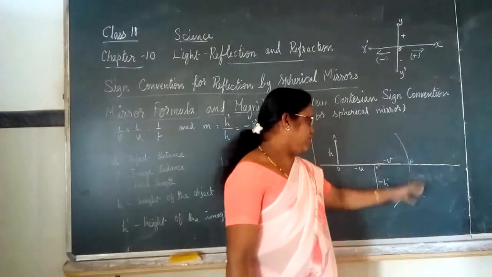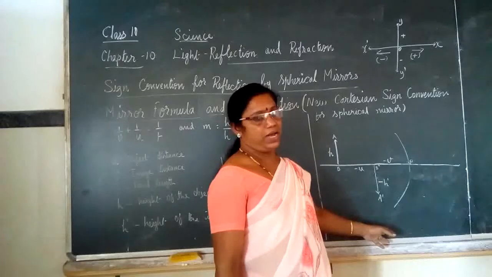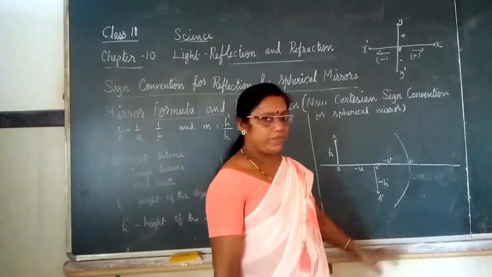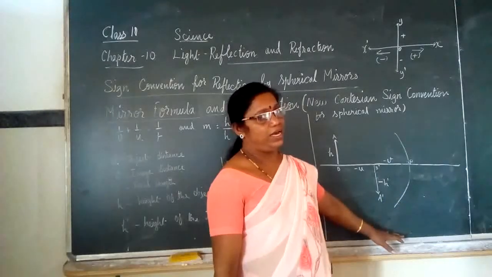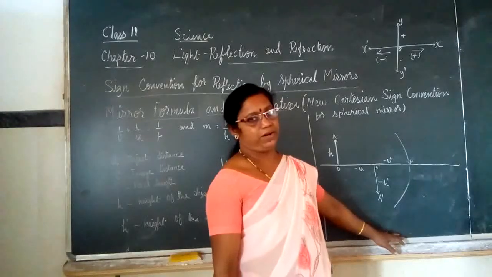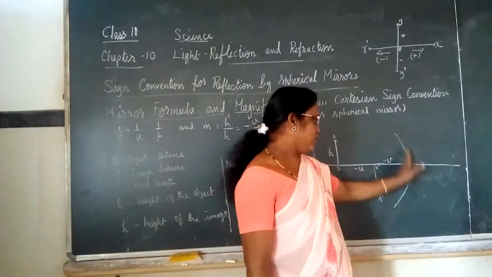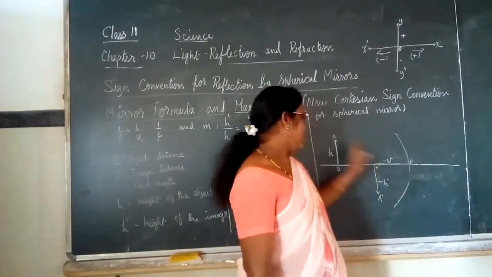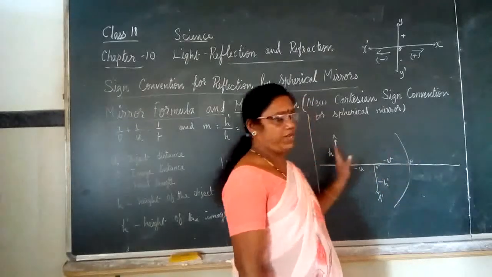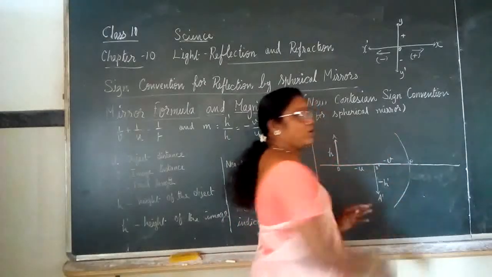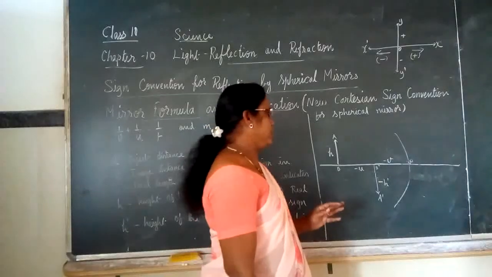Here this is a spherical mirror, and what type of mirror is it? A concave mirror, because the object is kept in front of the curved part. So it is a concave mirror.